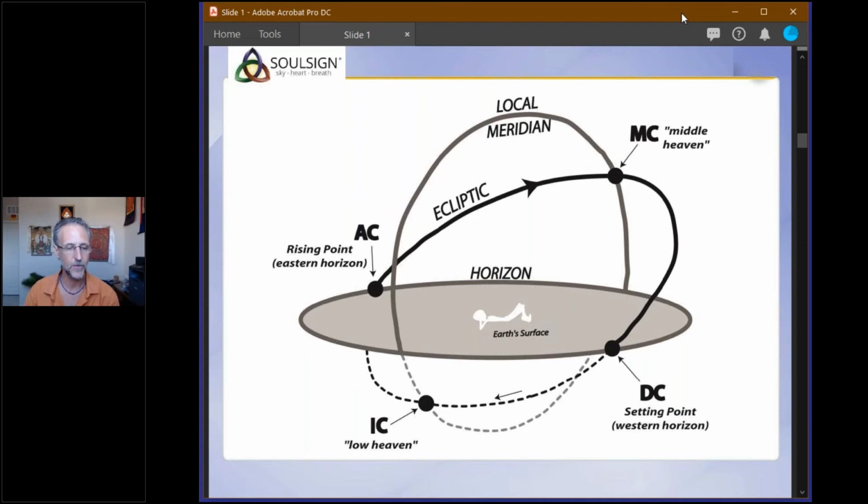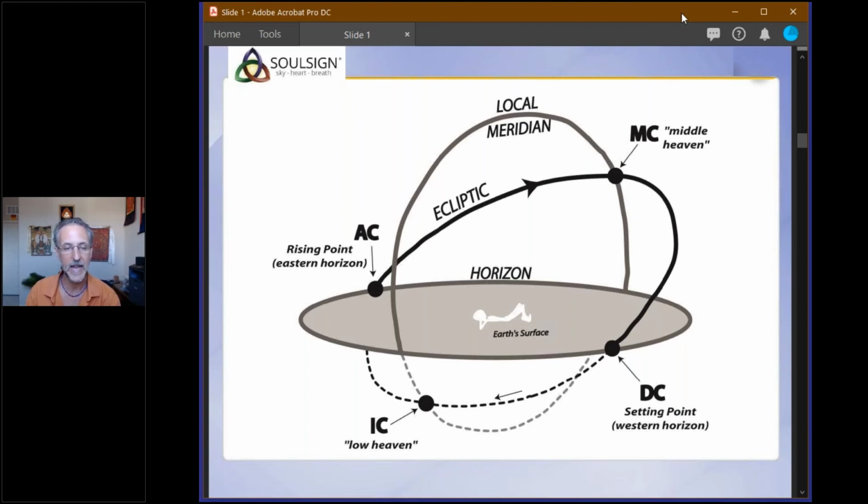And if you put the ascendant to the left side of your body, then that's where all planets will be rising into view from invisibility below the Earth, and then of course culminating at the middle heaven, and then coming down and eventually setting through the setting point, the descendant, and the IC, the Imum Coeli.